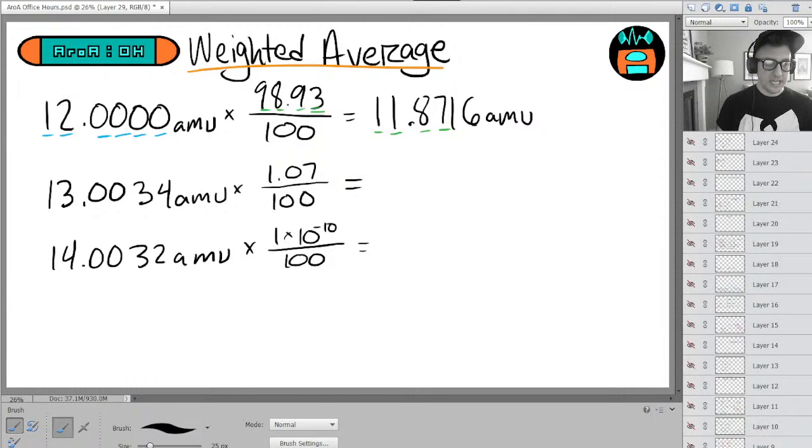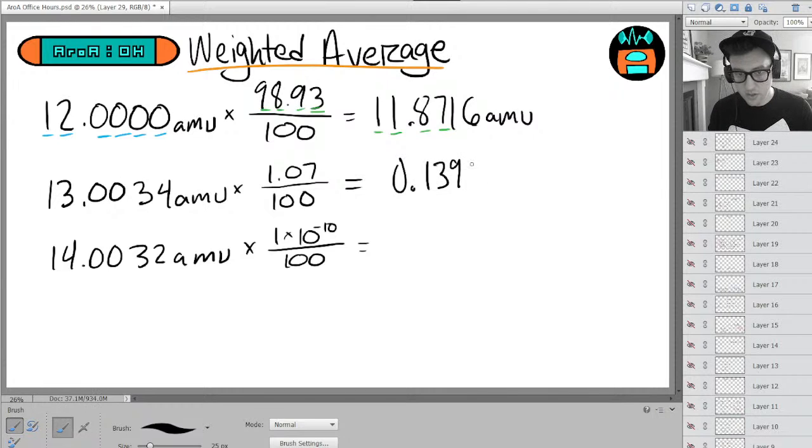All right, let's multiply 13.0034 by 1.07 divided by 100. This will come out to be 0.1391359 AMU.